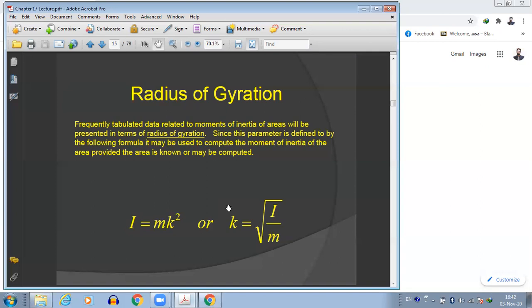I don't know whether you were able to catch up with me or not. This is a bit more complicated concept, but let me repeat again that radius of gyration is an imaginary radius for any object. Most of the time when an object is rotating, the mass of the object is not evenly distributed. So if there is an imaginary radius across which the mass is evenly distributed such that it produces the same moment of inertia, the same resistance to angular motion as the actual body, then that imaginary radius is the radius of gyration.